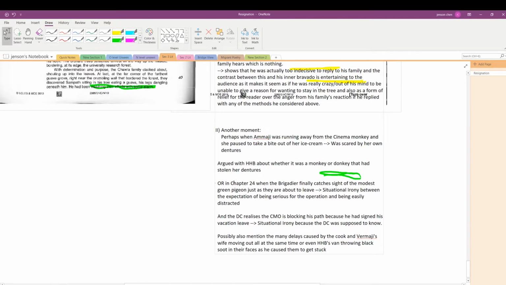Okay, so in this part, chapter 24, just before they arrive at the forest, as the district collector and everyone else brings all their equipment, we notice that the brigadier finally catches sight of the modest green pigeon that he has always been in search of, and he suddenly gets distracted and tries to catch it but fails, and then gets very disappointed.